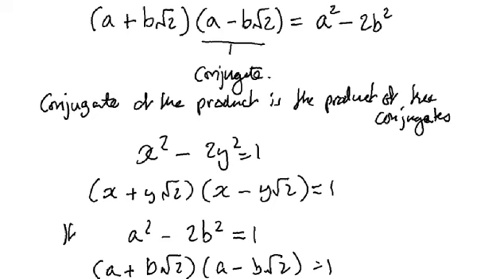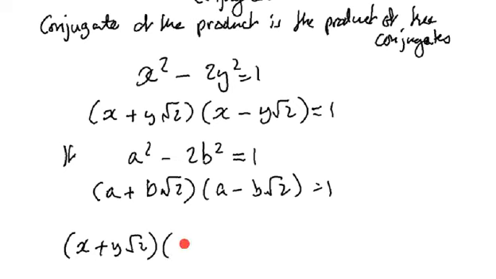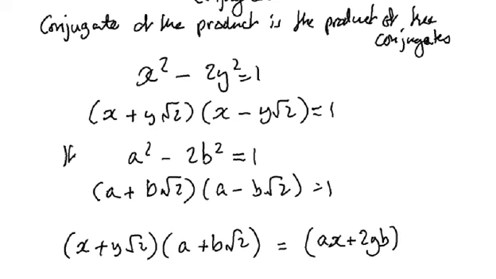Well, if I multiply x plus y root 2 with a plus b root 2, I get something that looks a bit complicated, but you understand that this is quite important and very useful. So that's (ax plus 2yb) plus (ay plus bx) times root 2.